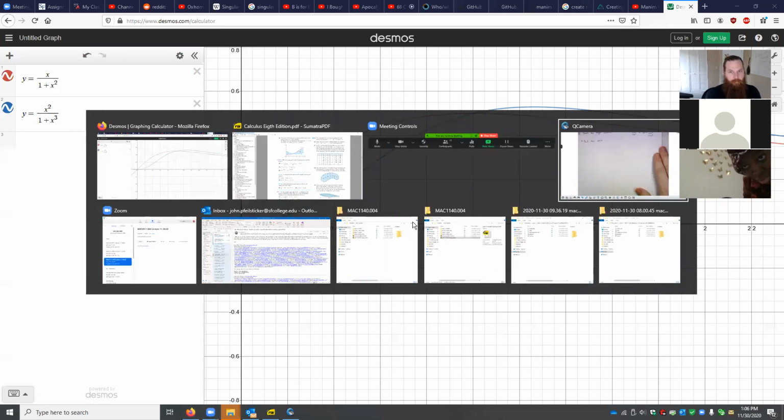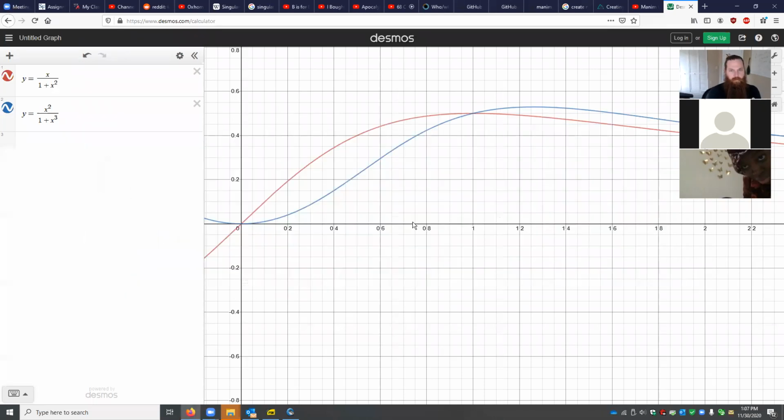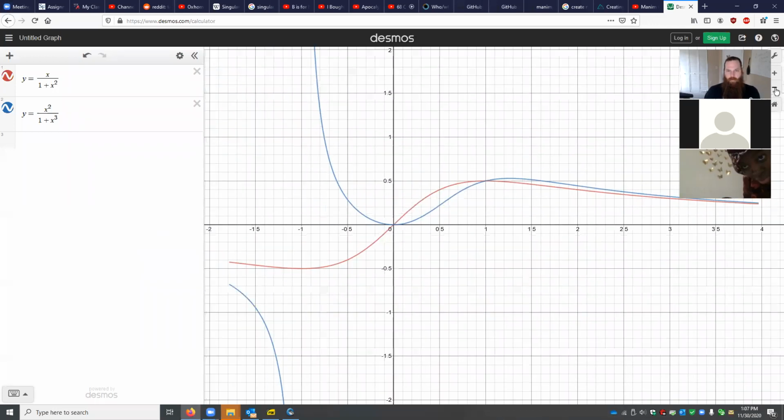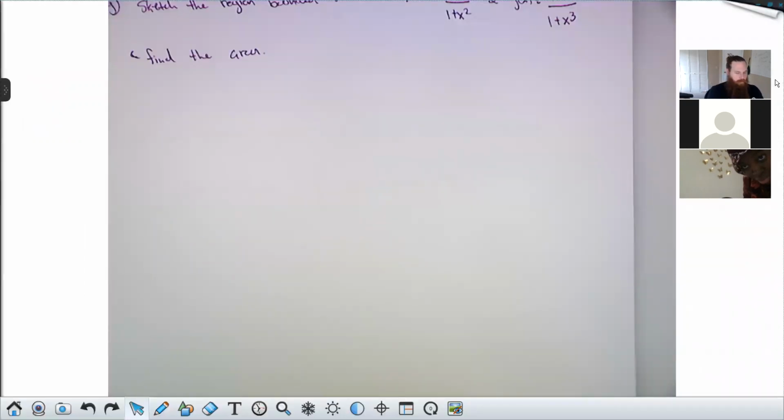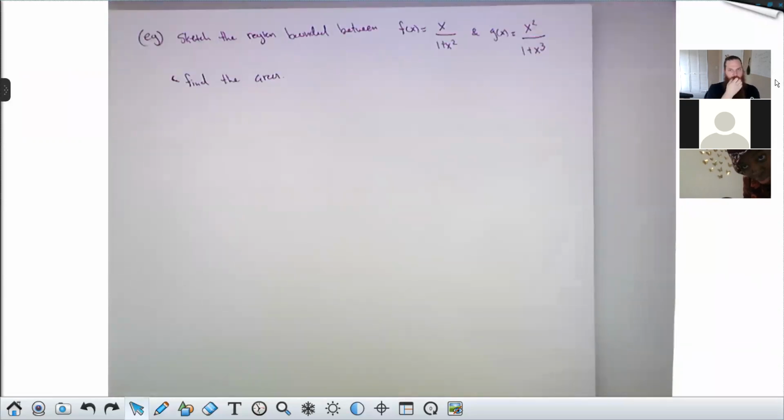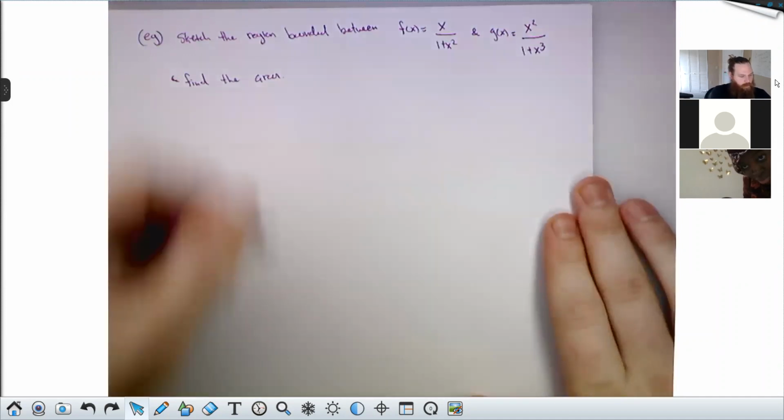One last look at what that weird one looks like. Okay, he blows up at -1, then hooks back around there. So I want to sketch the region bounded between x over 1 plus x squared and x squared over 1 plus x cubed and find the area.